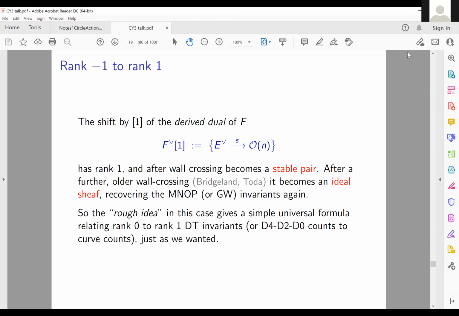So physically, the idea of this reduction from E to F, this F is basically, is it right that F is basically the bound state of E with an anti-D6 brane and a huge number of D4 branes? Yeah, correct.